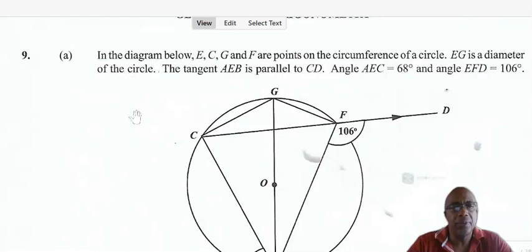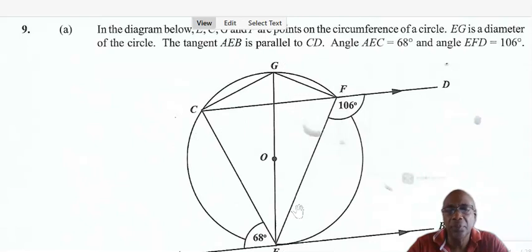So the question reads, in the diagram below, E, C, G, and F are points on the circumference of a circle. The tangent AEB is parallel to CD.